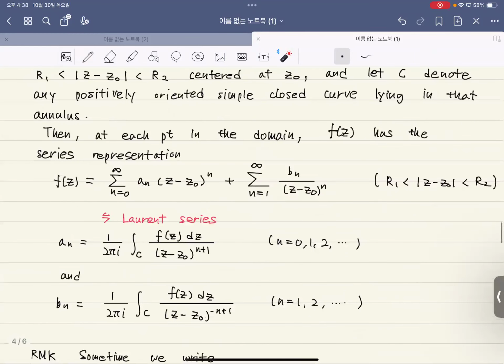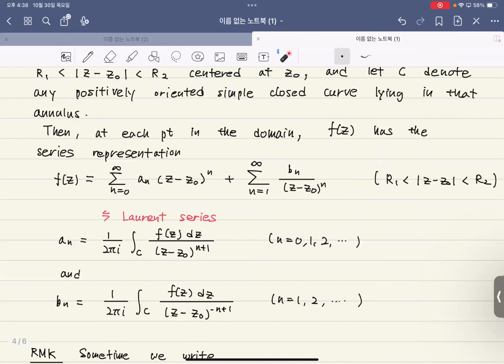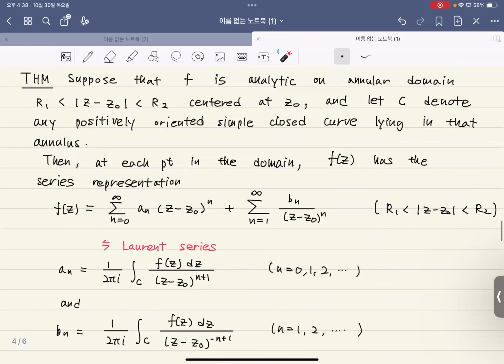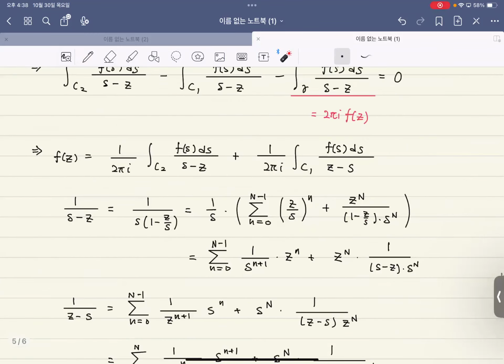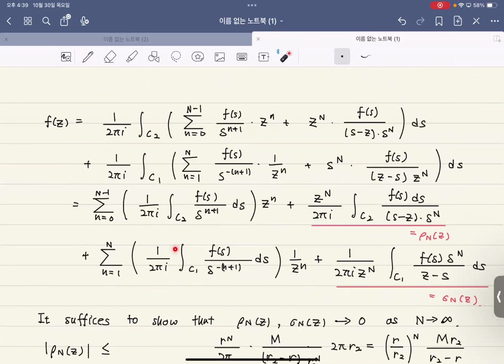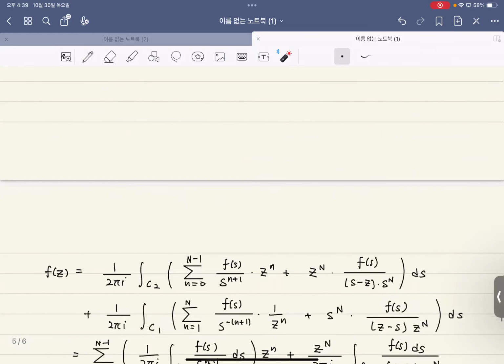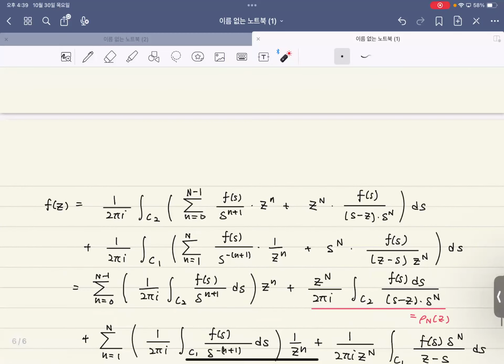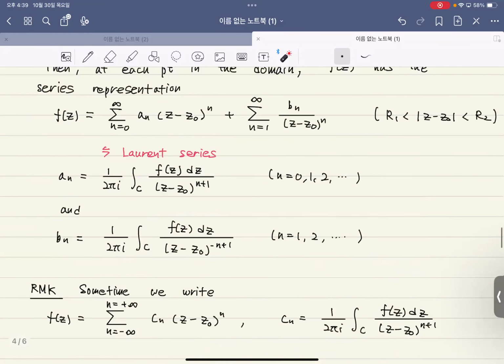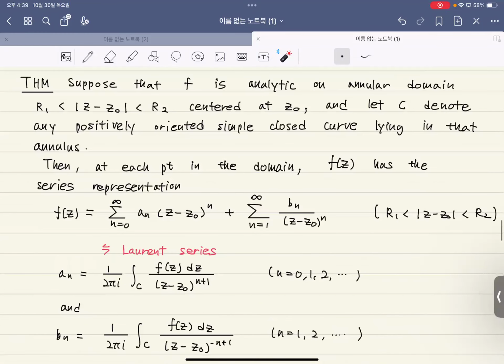Oh, no, sorry. My proof is not quite done here, because in the statement, my curve C is not just C1 and C2. These two are very rigid circles, very concrete circles, centered at 0 with radii R1 and R2. But there is no such condition imposed in this theorem.